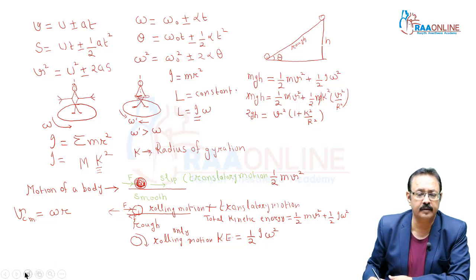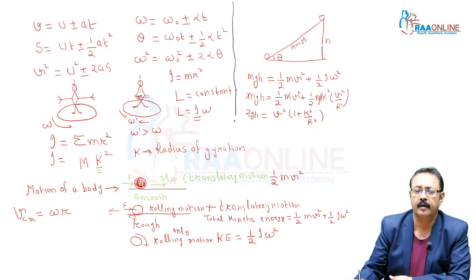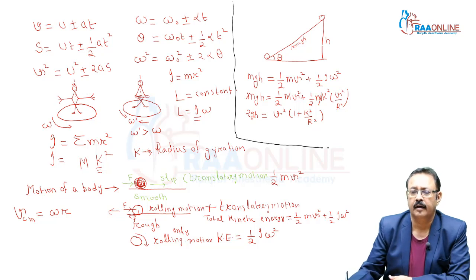So in this way we are getting one good result. Velocity of particle when it will reach bottom, square of velocity should be 2gh divided by 1 plus k square by r square.